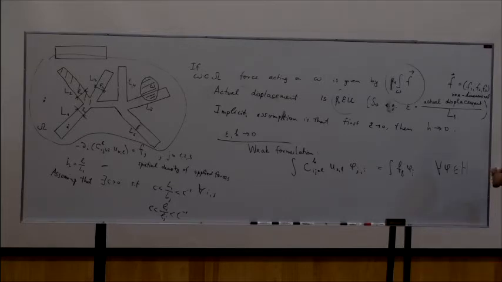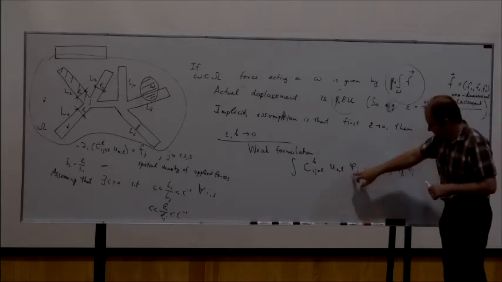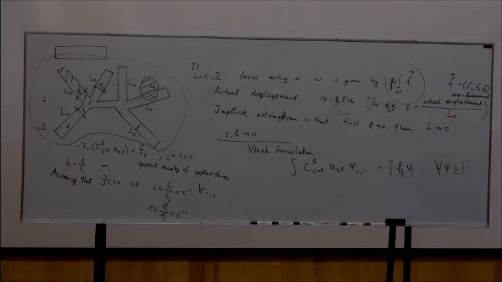But when you take the test function phi here, you may restrict yourself to just smooth, infinitely differentiable functions, such that, say, if you have a Dirichlet condition somewhere on the boundary, then your functions are zero in the vicinity of that part of the boundary.